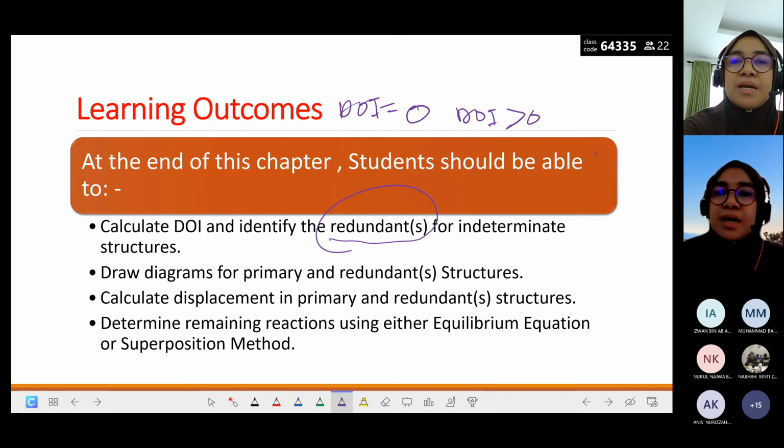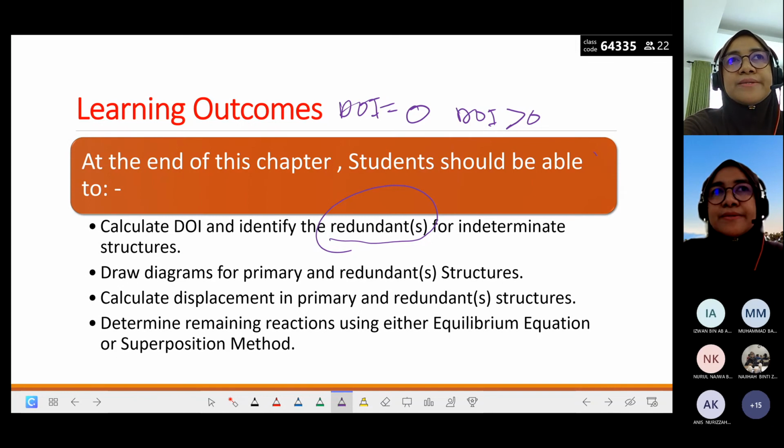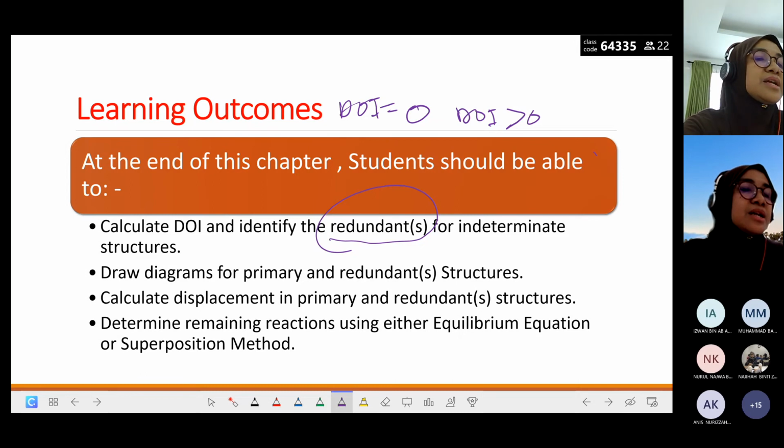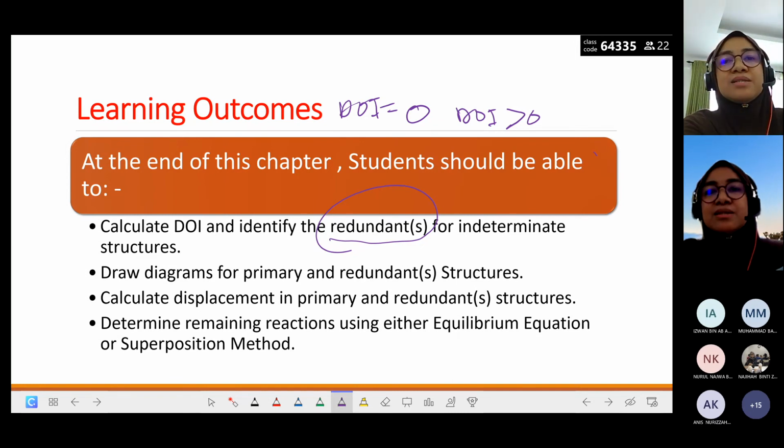Of course, the value depends on the degree of indeterminacy, and we will focus on redundant up to 1, 2, and 3 only. This is the limit for flexibility method, analysis of beam, frame, and truss.